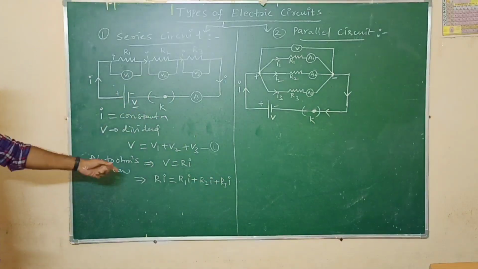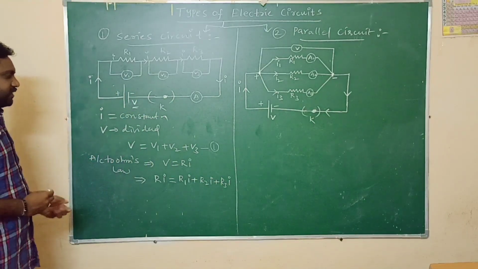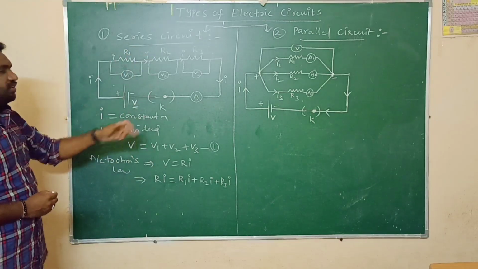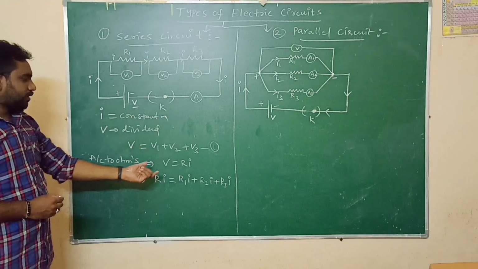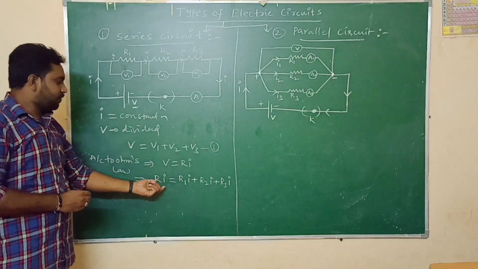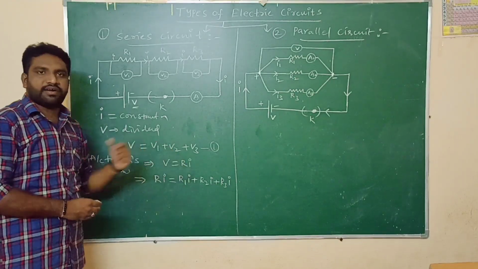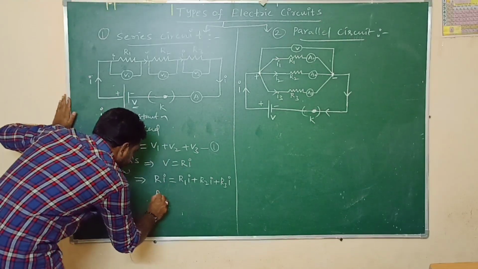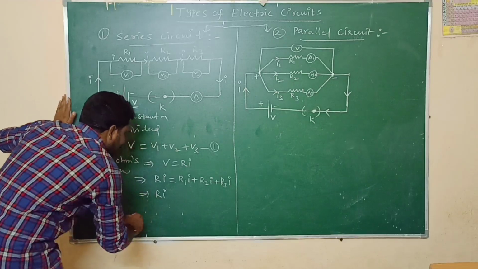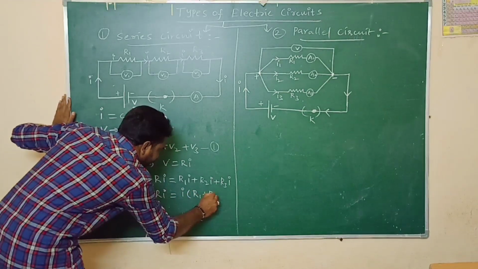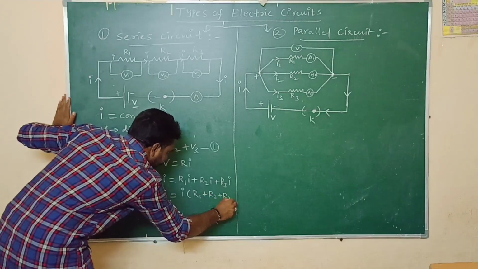If we observe this equation clearly, I is common on both sides. In a series circuit, current is constant. So from the above equation, we have to take the current common. I is common on the right-hand side, so R equals I times R1 plus R2 plus R3.